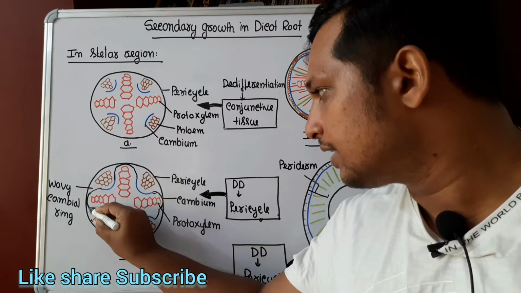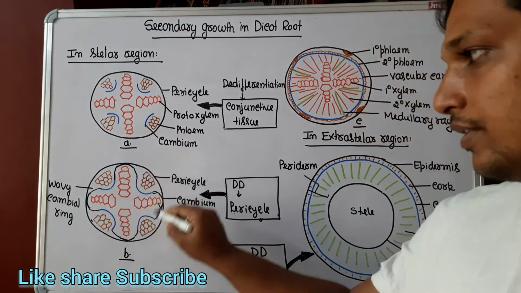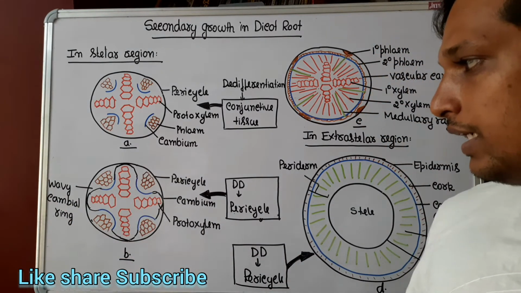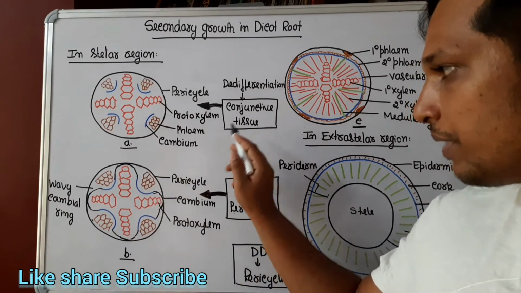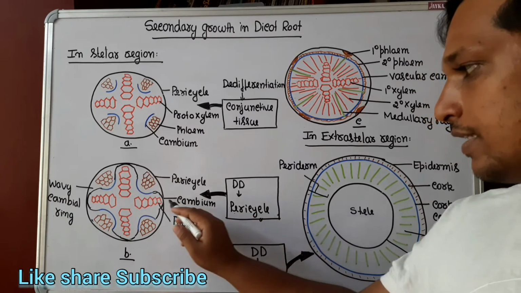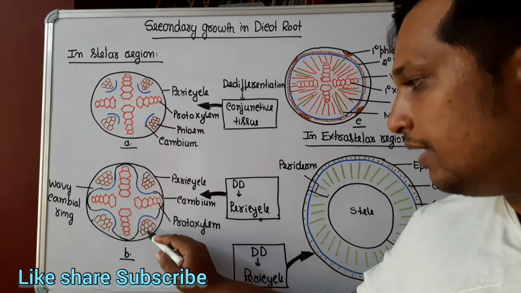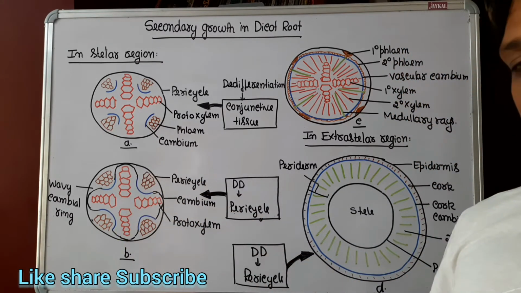So this is a conjunctive tissue surrounding the phloem, hence there is formation of a wavy cambial ring. So in the wavy cambial ring, cambium formed from dedifferentiation of conjunctive tissue, cambium formed from dedifferentiation of pericycle, and the cambium surrounding the phloem are all involved in the formation of wavy cambial ring.